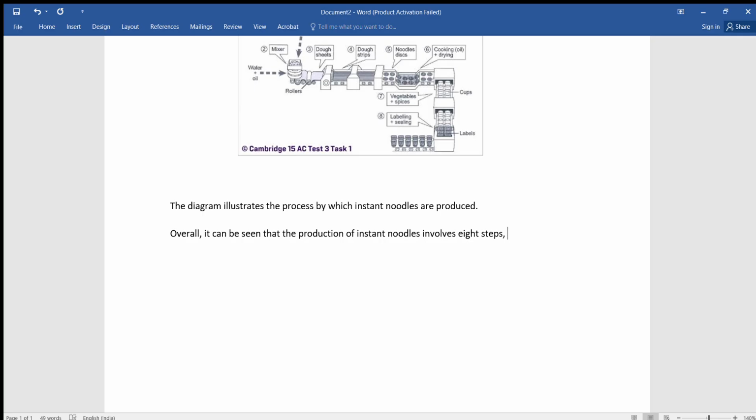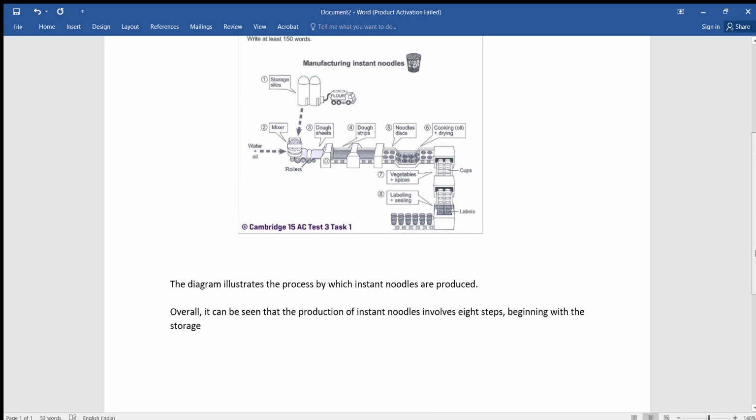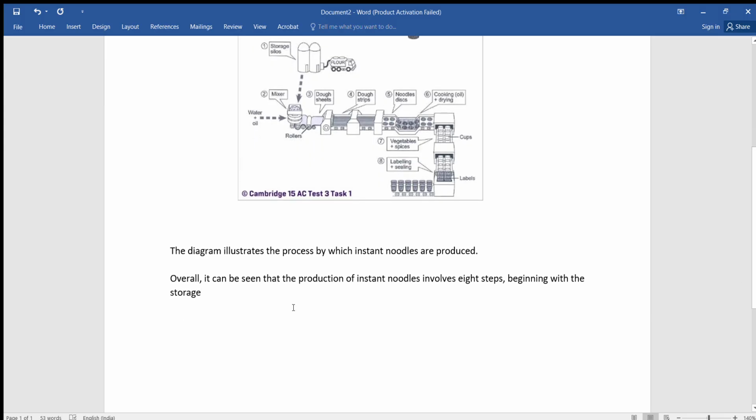You can also say beginning with, starting with, or commencing with. Beginning with the storage, as in the first step flour is stored, so that's why we are mentioning the first. After that we'll mention the last step of it. Beginning with the storage, what is being stored there? It's flour.